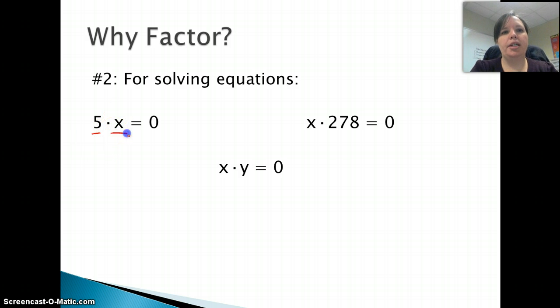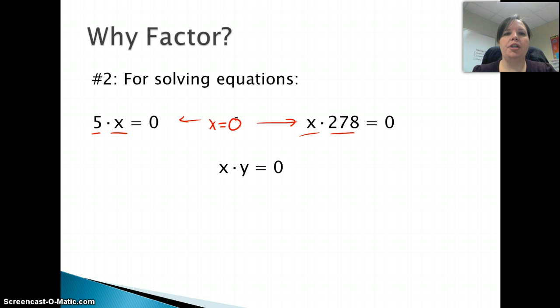You have 5 times x is 0 here. You have x times 278 is 0. For either one of these two, it should be pretty obvious that the only way you're going to get 5 times x to be 0 and x times 278 to be 0 is if x itself is 0.